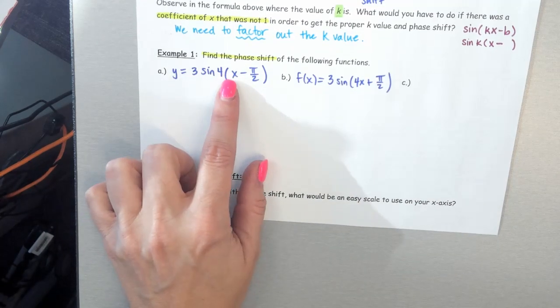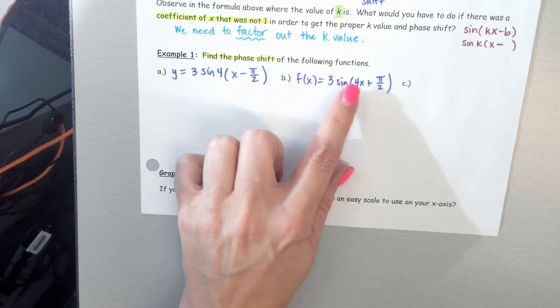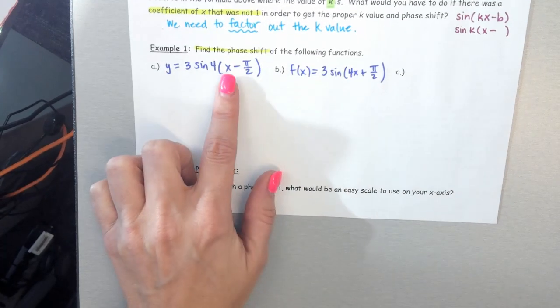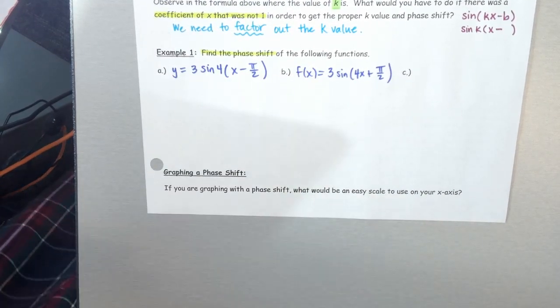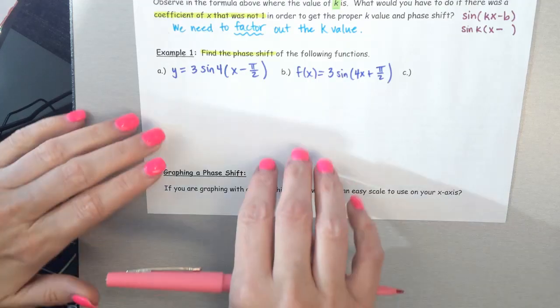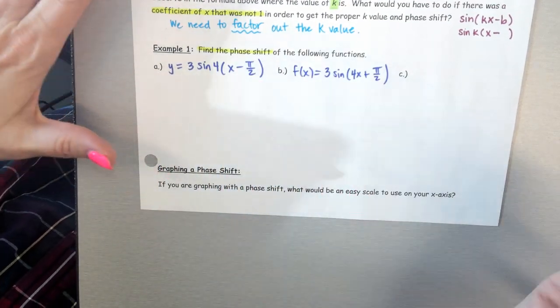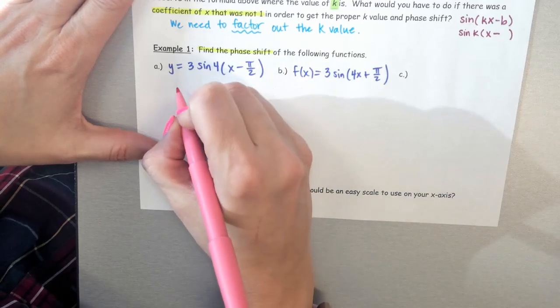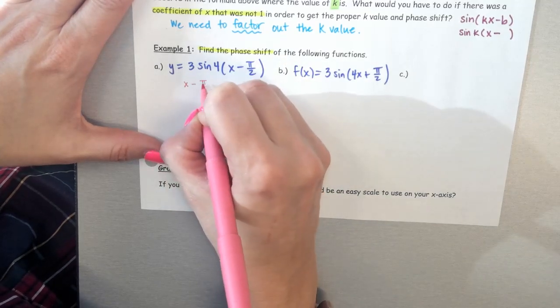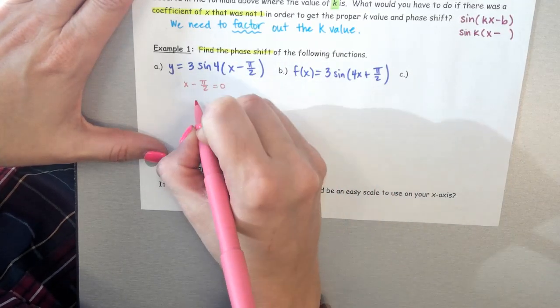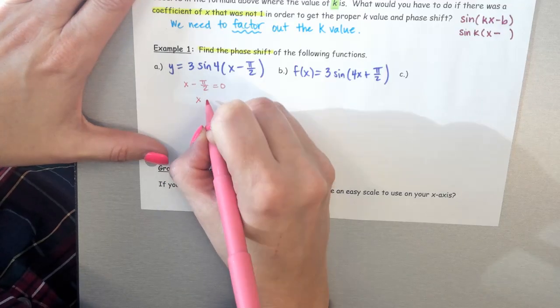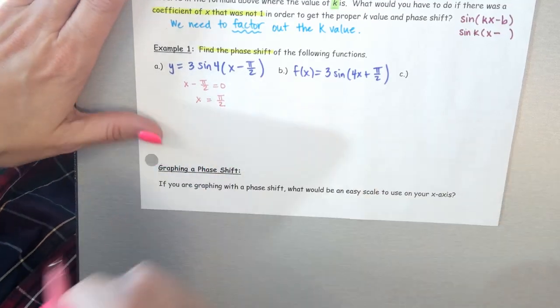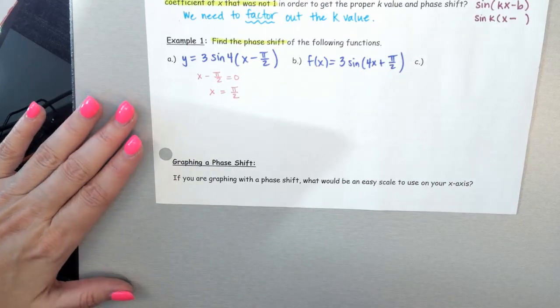Right, so in this one, the coefficient of x is 1, and this one it is 4. So if the coefficient is 1, then you can find your value right away. Okay, to find the phase shift value, you can just set x minus pi over 2 equal to 0. Okay, and then x would equal pi over 2. That is your value of b.